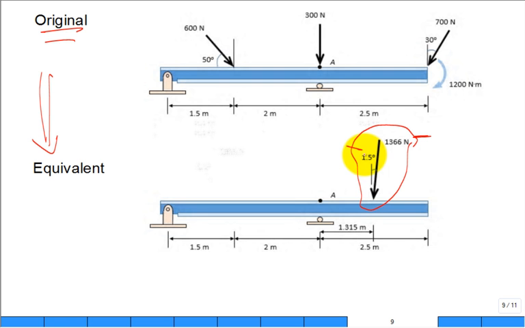So it has an X component and a Y component. And we're going to apply it at this point right here so that it has the same tendency to make the system want to rotate around point A as the original system. Make sense? So this is an equivalent or simplified system.